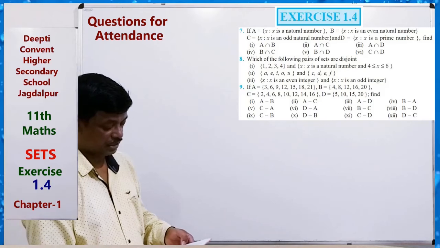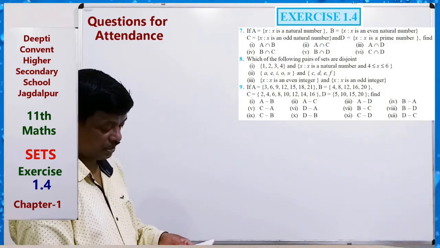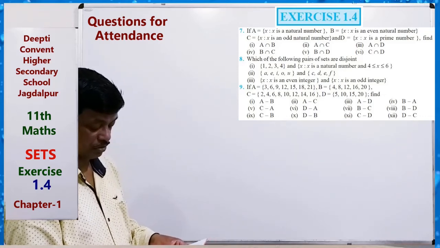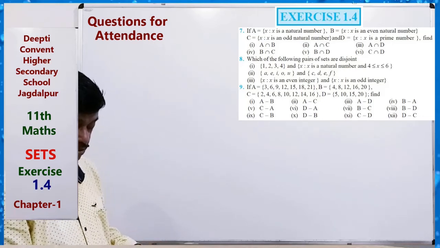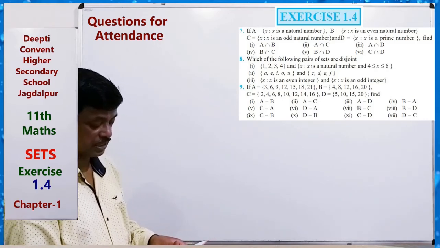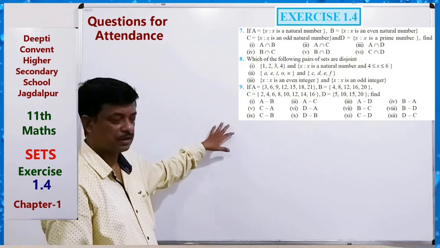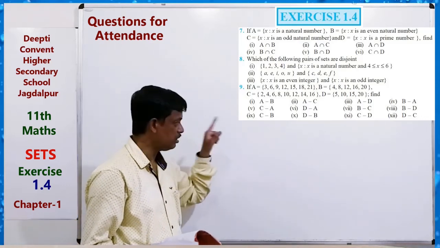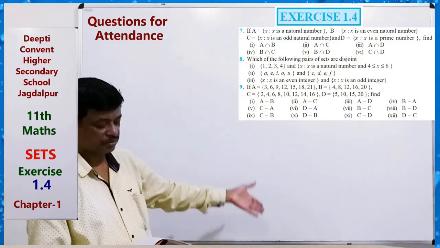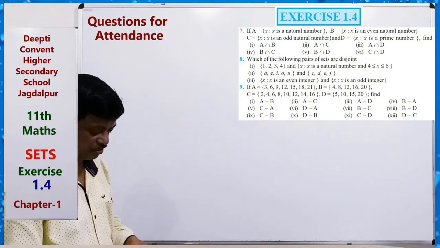So the elements of A not contained in B: here 3, 6, 9, 12 is also contained in B, so 12 is deleted from here. 15, 18, 21. So except 12, our answer will be there. A minus B means all the elements of A but not containing B, so delete that element. So you can write all the values of the difference of these sets. Write it in your copy.